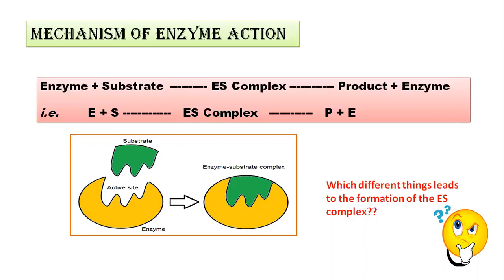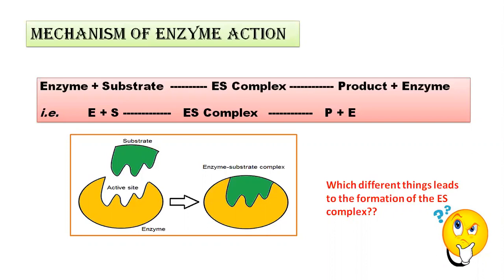You can observe that the enzyme has an active site, and the green color substructure is that of the substrate. At the prior state, enzyme and substrate are in a separated state. Later on, in the diagram, we observe that there is an association between enzyme and substrate, and they form ES complex, that is enzyme substrate complex.